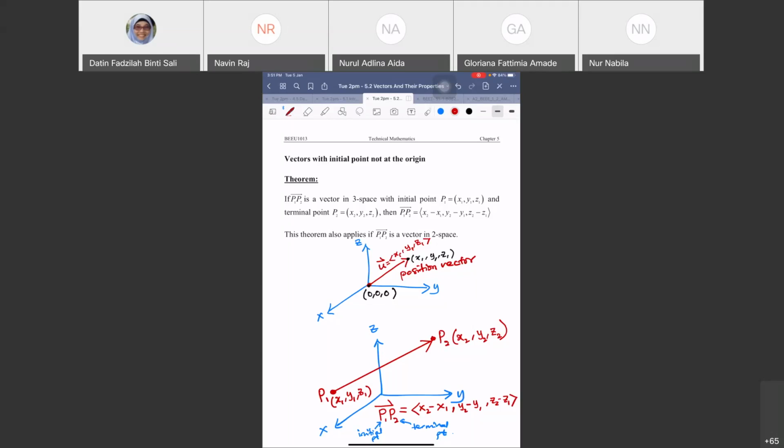That's why, when it comes to a position vector, earlier I mentioned that if you have a position vector where the terminal point is x1, y1, z1, this vector u can also be written in terms of its components as the same x1, y1, z1. Why? Because the initial point is at the origin, 0, 0, 0.